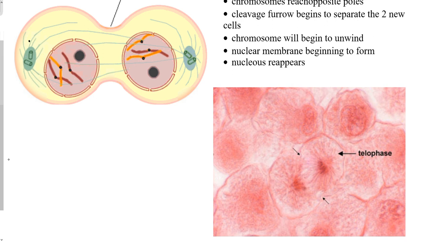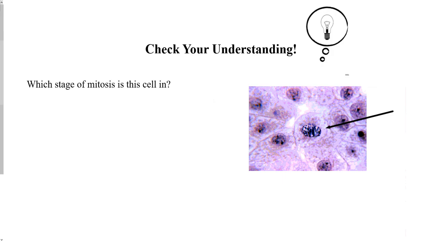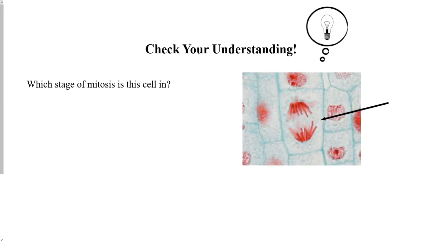So let's get into cytokinesis. Oh, here we go. Okay, so just quick, this isn't on yours. Which stage of mitosis do we believe this one is? Sammy, Adriana first. I would go with anaphase. Yeah.